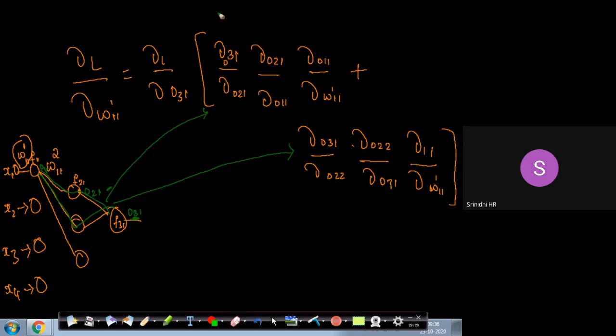Now individually I want to find the particular derivative. Let's imagine I have found the derivative of all these things.